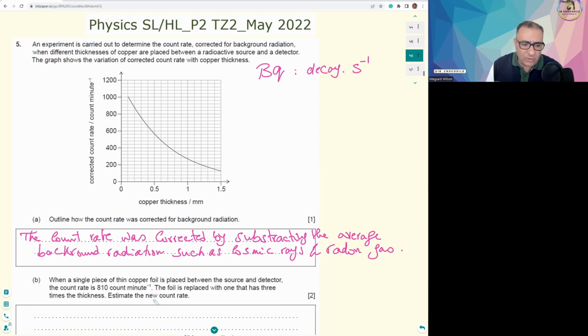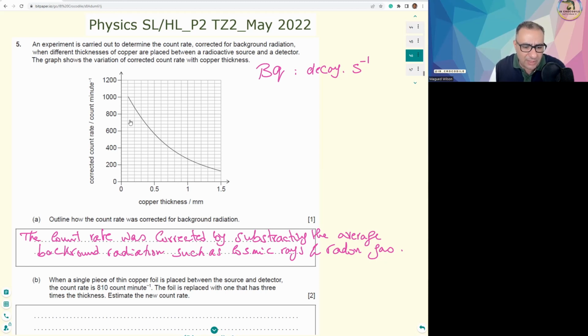What we can do here is read the curve on the graph. So let's place 810. From 0 to 200 here, we have 5 squares, so each square is 40, since 200 divided by 5 is 40. So this is 800, this is 840.